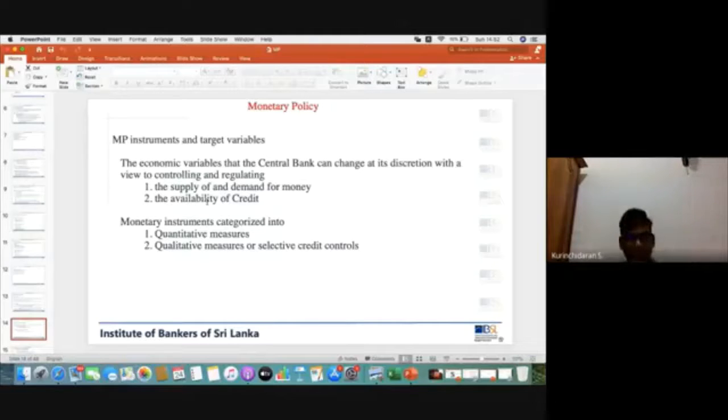What do you mean by price stability? The price level of the country should be stable for the foreseeable future. You cannot expect huge variation or volatility in the price. The price level should withstand internal and external shocks. So to keep price stability, the central bank conducts monetary policy.